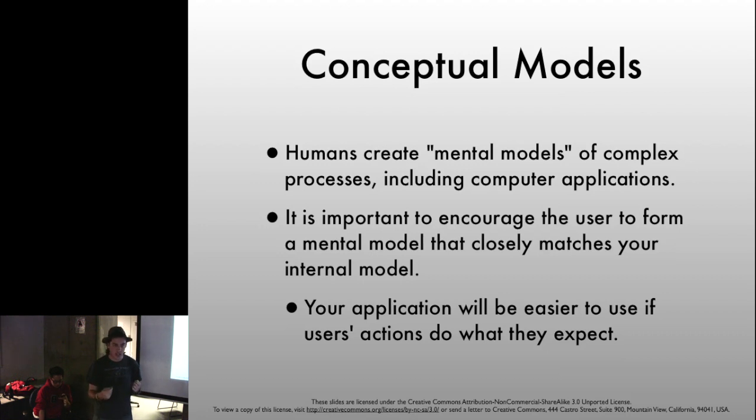And so they'll keep trying it and not understand why it's not working. So it's really important to encourage your user to form a mental model that matches what you actually are doing in the application. At times it's harder to do than you think. But if the user's actions do what they expect, then it's going to be a lot easier for them to use, and they're going to be a lot happier with the application.